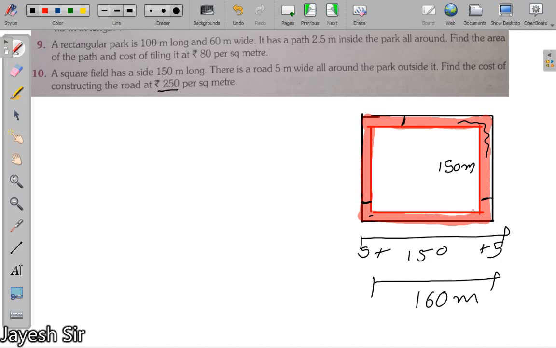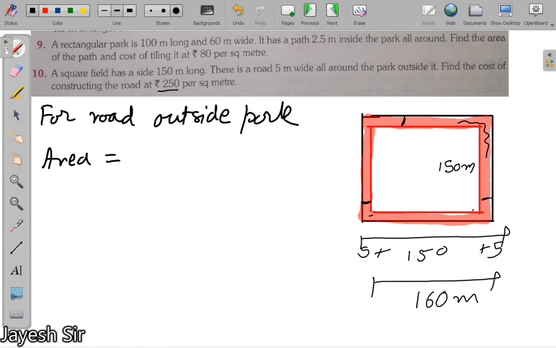So we'll do it for the road outside the park. Its area is equal to outer area minus inner area. Outer area is 160 square, as the area of a square is side square, minus inner area. Inner area is 150 square.